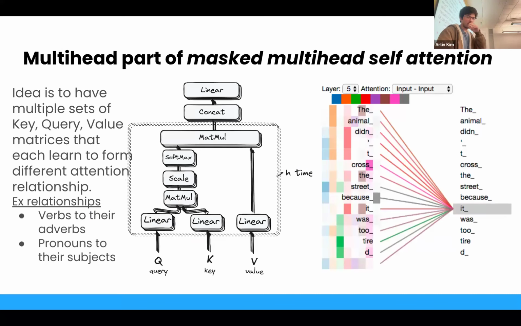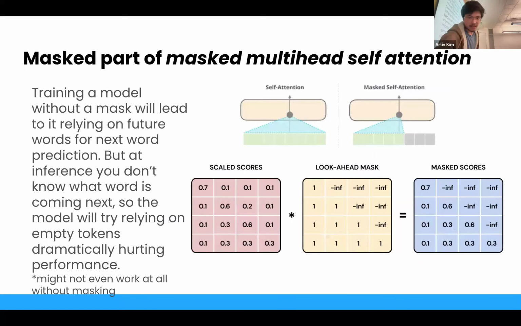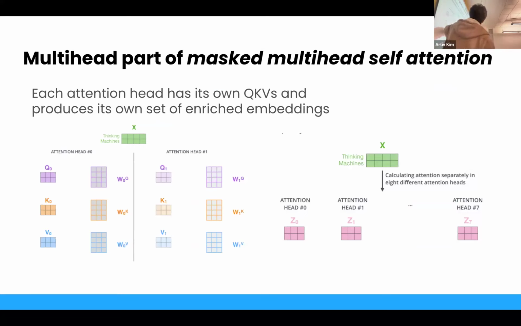We showed one relationship, but there could be other relationships that it learns. The example I gave is verbs to adverbs. If there's a verb, it has a strong connection to the adverbs in the sentence. Or if you have pronouns, it's saying the subjects they're referring to. So each of these different sets of matrices together learn different word relationship features.